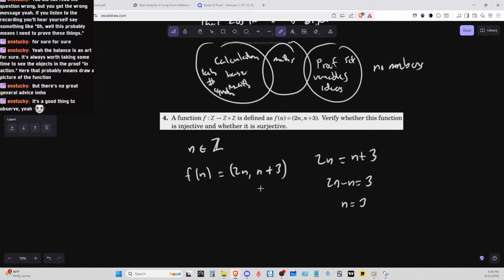But at the same time, does -3 give the same result? I don't think it does, because for -3 that would be 0, and then -3 times 2 is -6. So yeah, I think it is injective. And verify whether this function is injective or whether it is surjective. Okay, the way I think about it, it does seem like it is injective, but now we have to actually prove it.